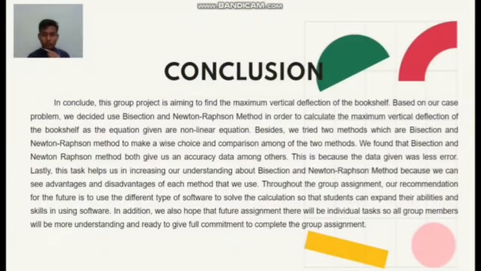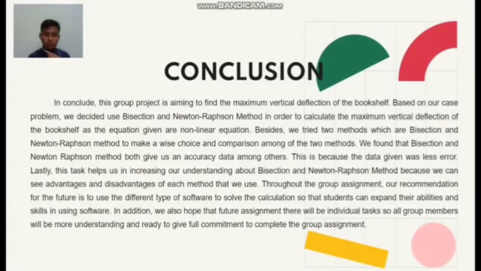Finally, we go to the last slide, which is the conclusion. In conclusion, this group project aims to find the maximum vertical deflection of the bookshelf. Based on our case problem, we decided to use the bisection and Newton-Raphson methods to calculate the maximum vertical deflection of the bookshelf, as the given equation is non-linear.